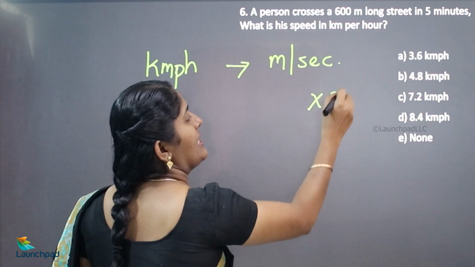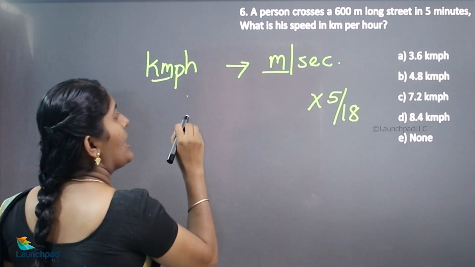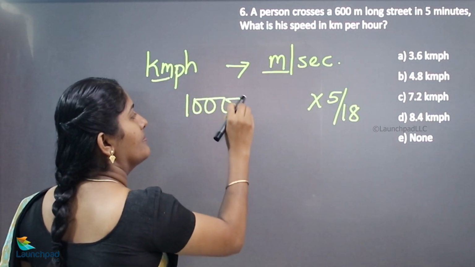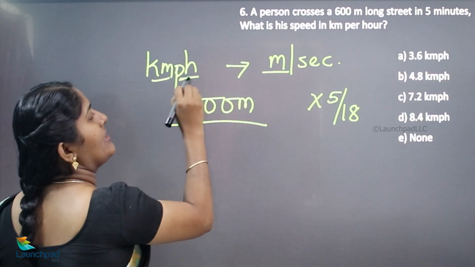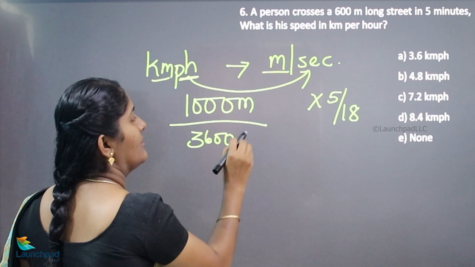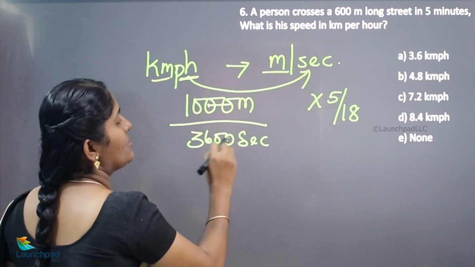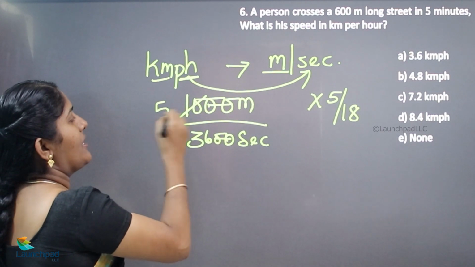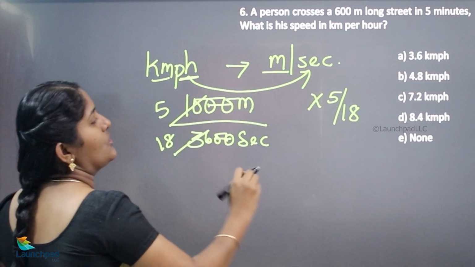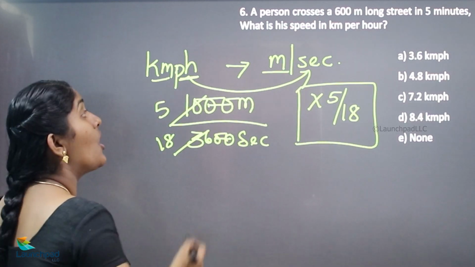How does this 5 by 18 come? 1 kilometer has 1000 meters. 1 hour means how many seconds? 3600 seconds. Now the zeros cancel, giving 5 by 18. So we multiply by 5 by 18.